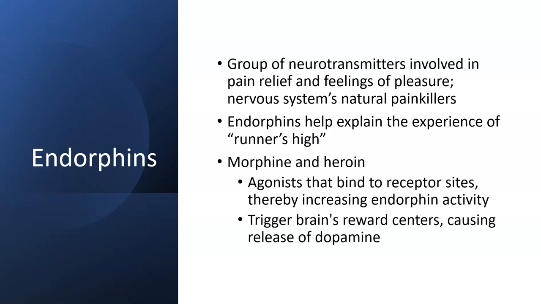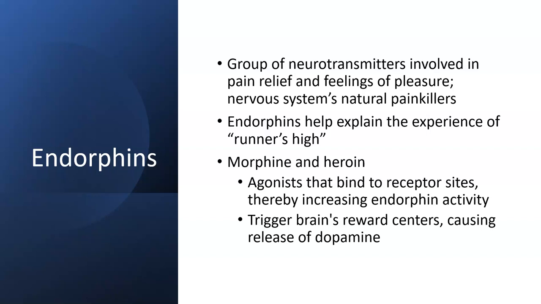Now, drugs like morphine and heroin are agonists that actually bind to the receptors for neurons that are designed to receive endorphins in the brain. So when people are given morphine in the hospital, or they're taking heroin, which is a street drug that's an opiate, they're essentially hijacking those receptor sites and really going at them much harder.